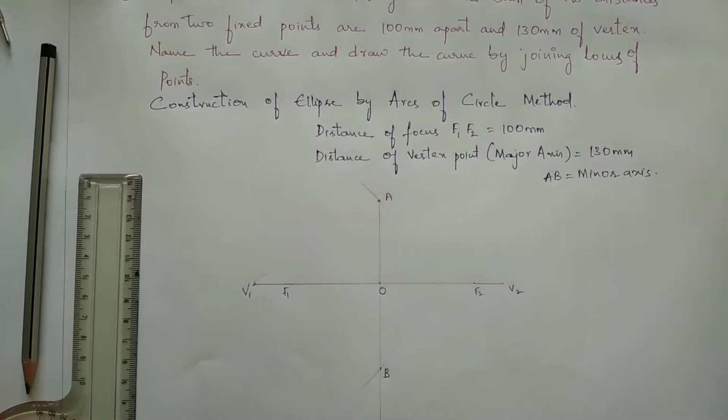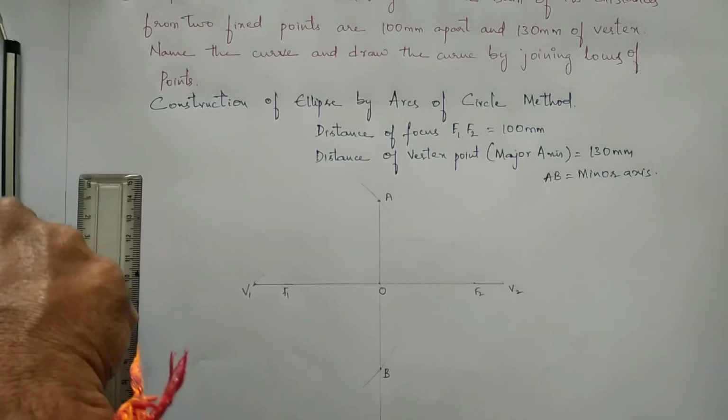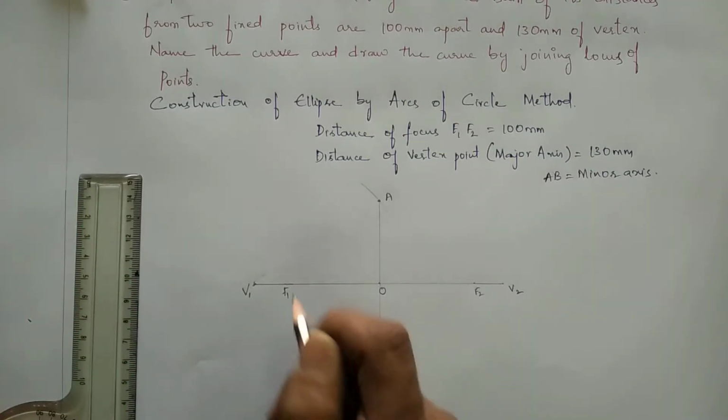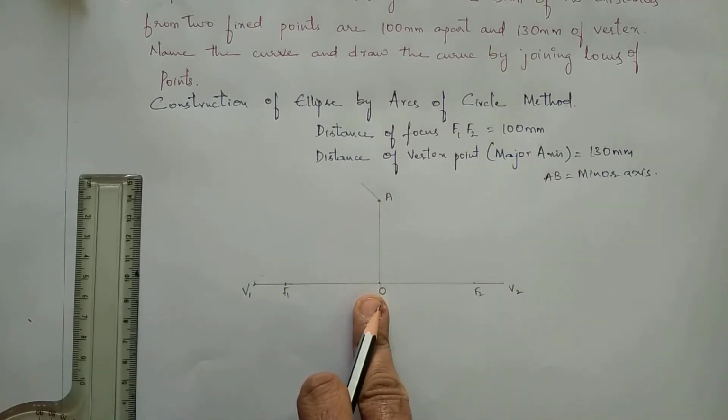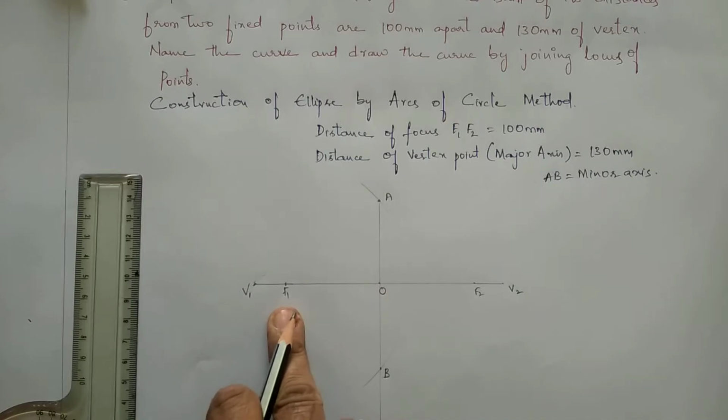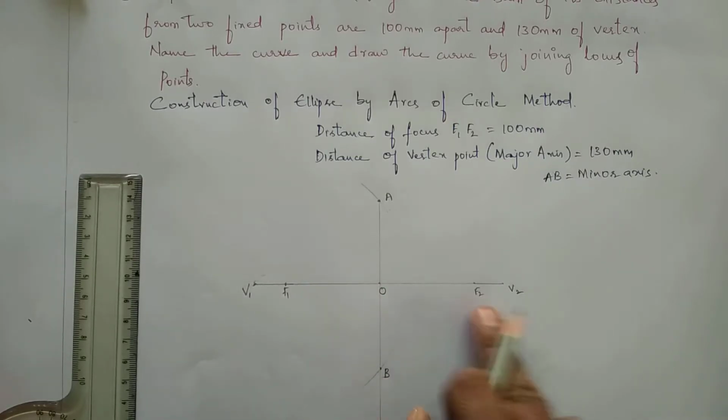Now we are going to construct the ellipse from here onwards. From the point O to F1 or O to F2, just take some equidistant points.